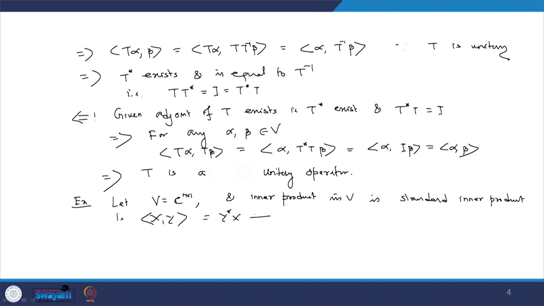This is the inner product. Consider a linear operator T on V defined by T of x is equal to A x, where A is an n cross n matrix over the complex numbers C. I have taken this matrix.